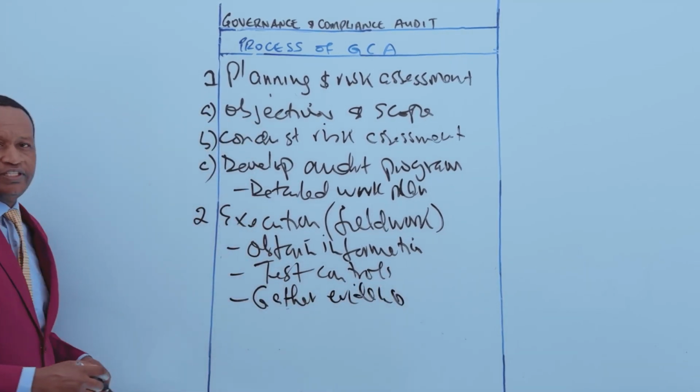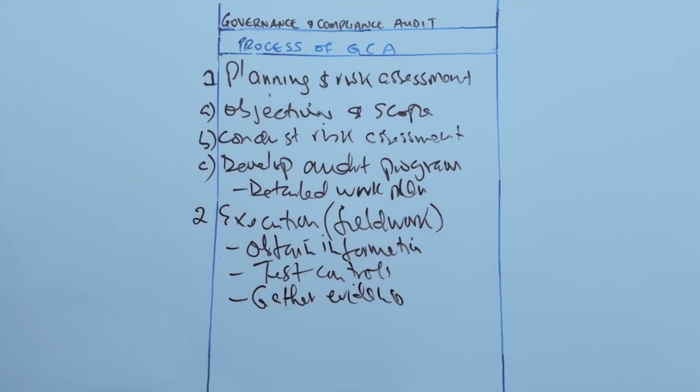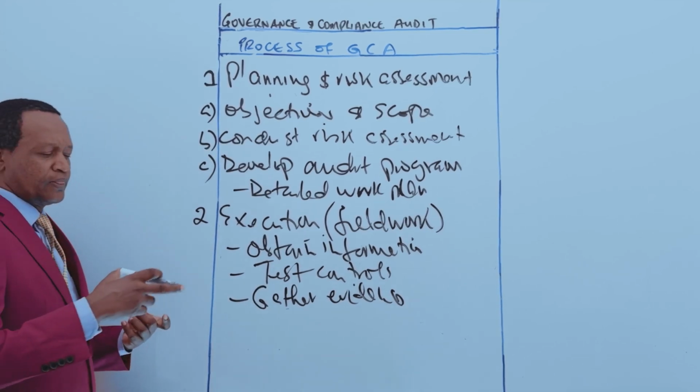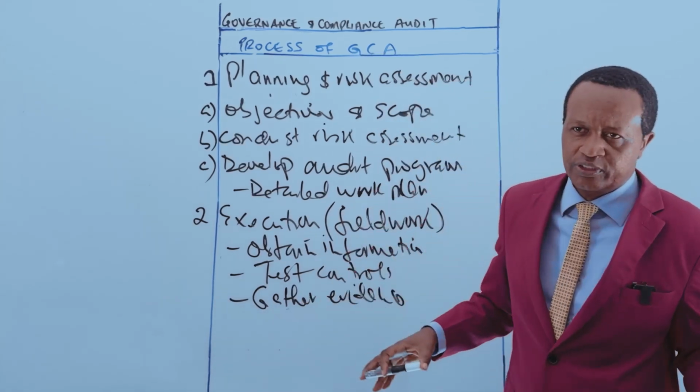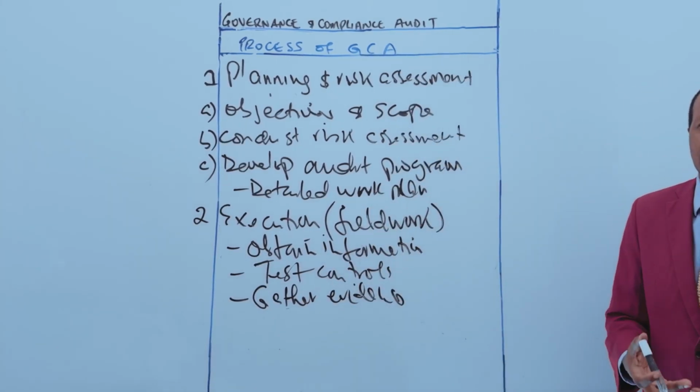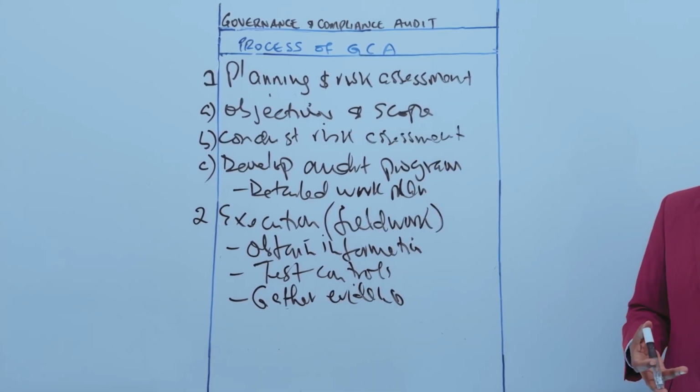You collect sufficient, reliable evidence to support conclusions. This includes reviewing board minutes, signed codes of conduct, and training records. You look at all the records. You review regulatory filings and so on.